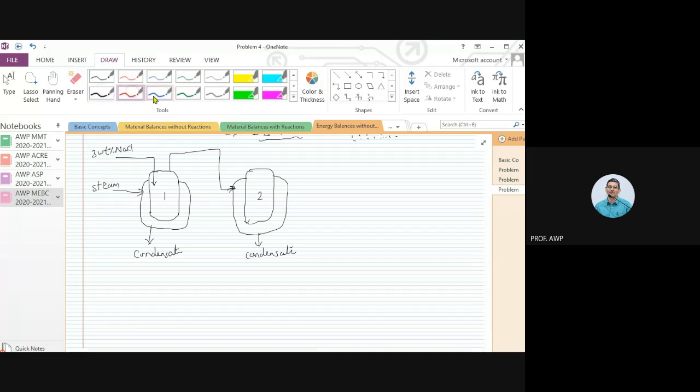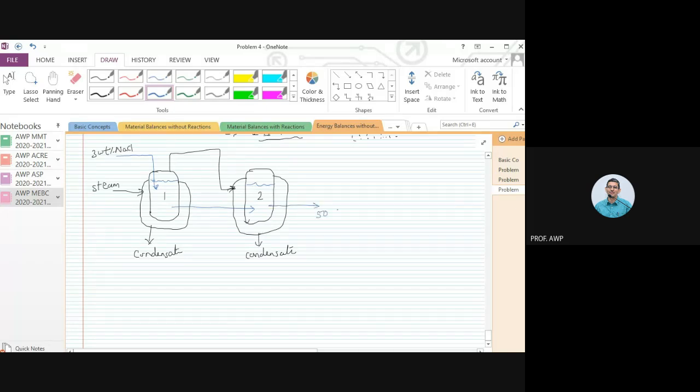Let me take another color so that we can distinguish between different streams. This is our 3 weight percent sodium chloride. The 3 weight percent sodium chloride liquid is inside the evaporator. This concentrated salt solution is going to the second evaporator. The product is coming from this evaporator.